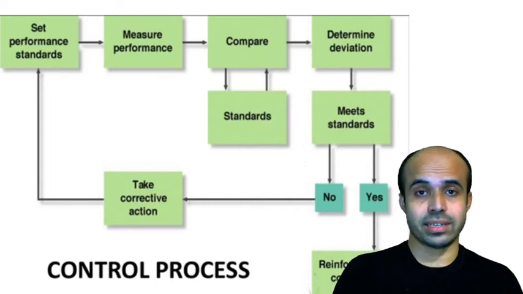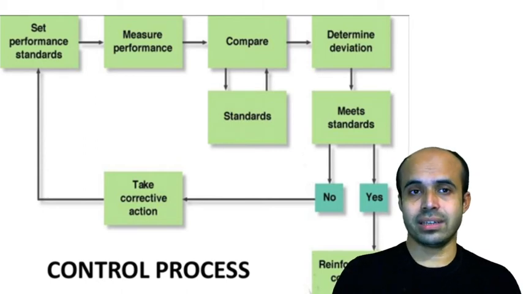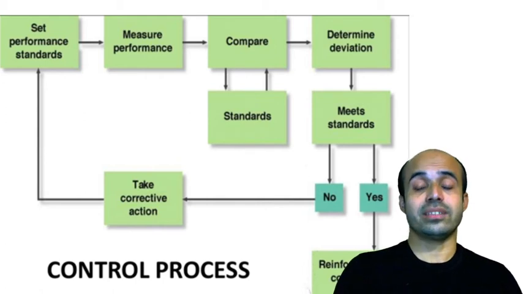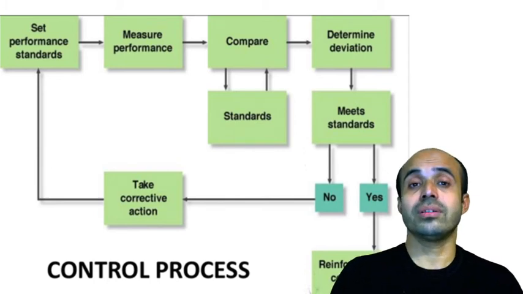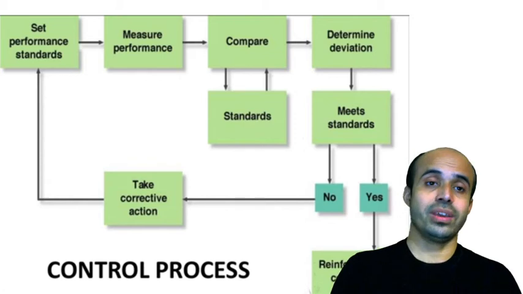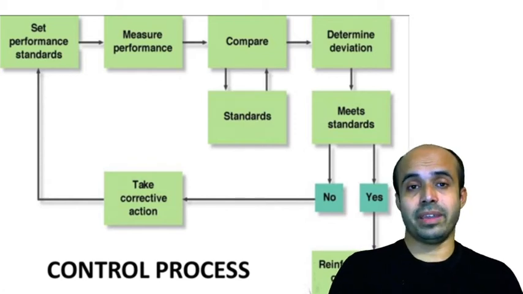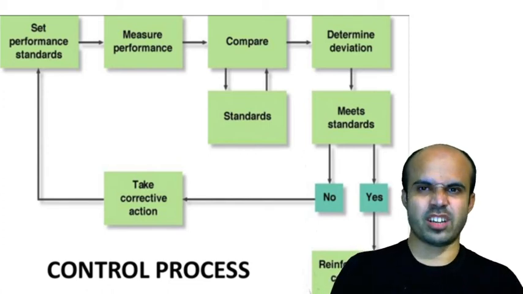Because if any faulty product comes out from a factory and reaches the consumer, it will destroy the fame and goodwill of the organization or brand. That is why controlling is a very important task. Although it is the last function of management, it is very important.